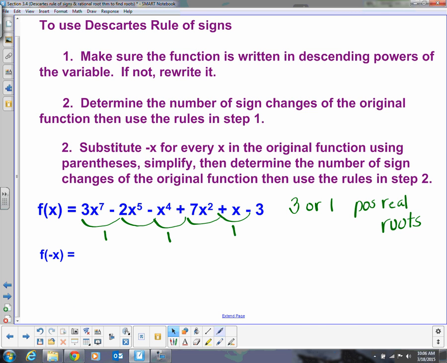To do the negative, we have to substitute. So we're going to say 3 times negative x to the 7th, minus 2 times negative x to the 5th, minus negative x to the 4th, plus 7 times negative x squared, plus negative x, minus 3. I have to see this work on a test.